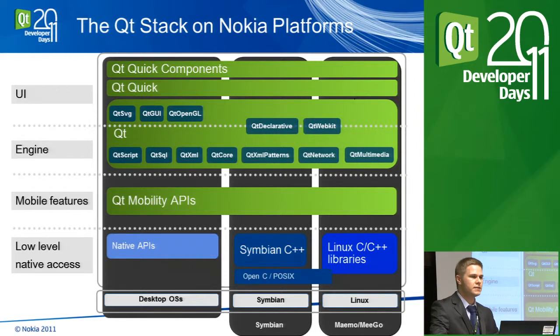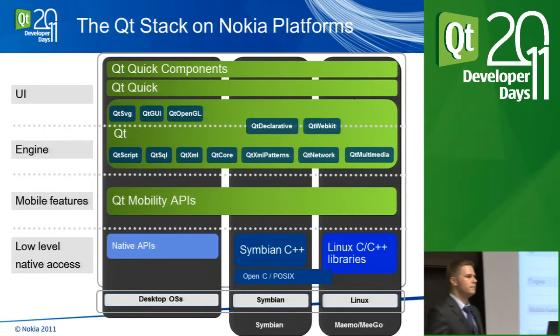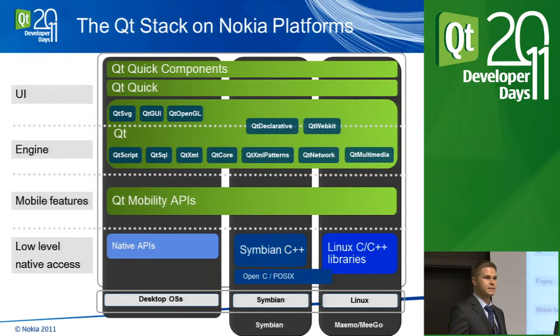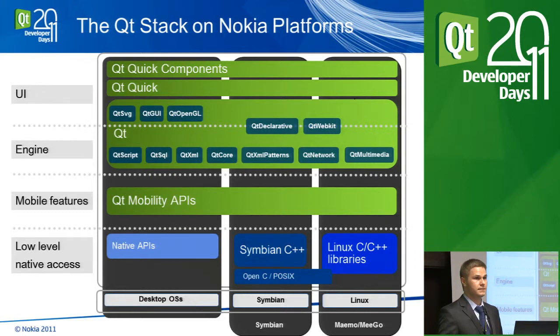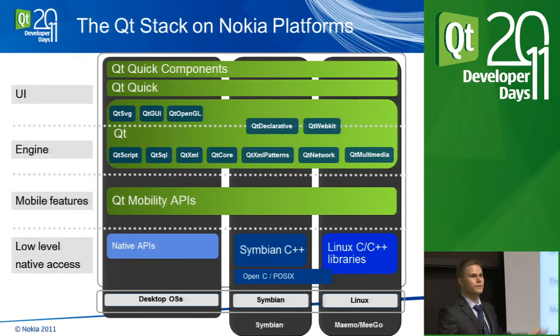It provides you access to a number of features that you can usually find in mobile devices, such as sensors, things like orientation, NFC, the ability to access contact details. A huge amount of APIs. Then there's Qt Quick that's used for user interfaces.